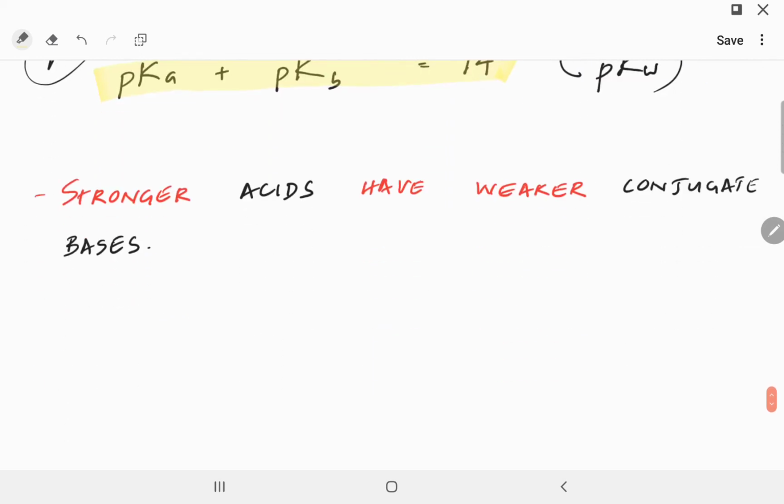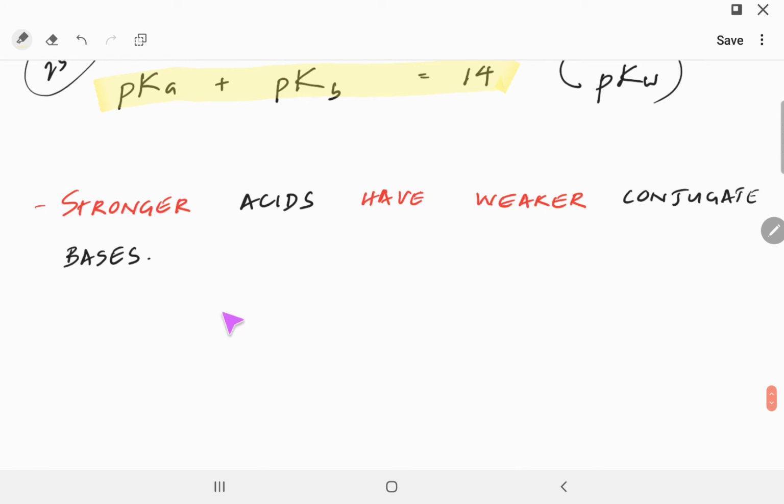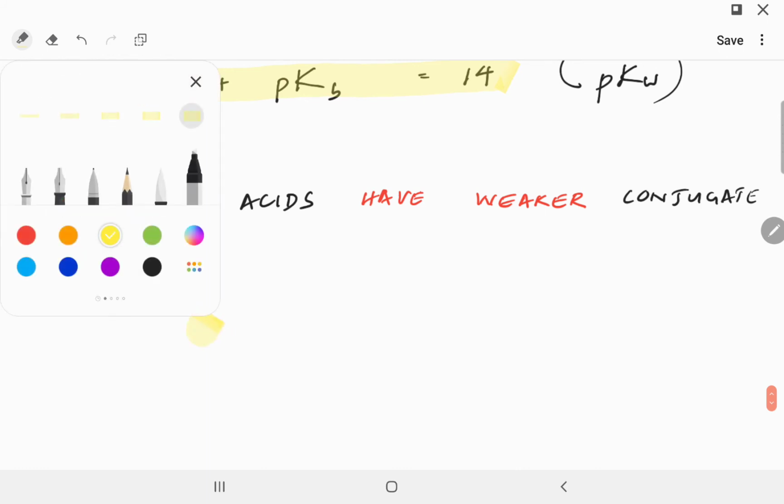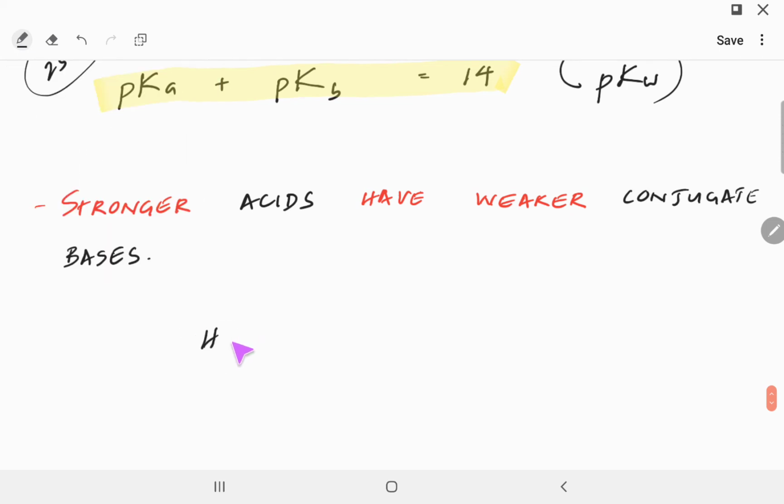Let's use some numbers. Let's say you have two acids, HA and HB. For HA, let's say the pKa value is 4, and for HB, let's say the pKa is 8.